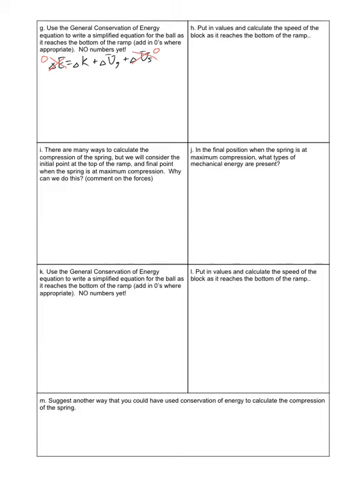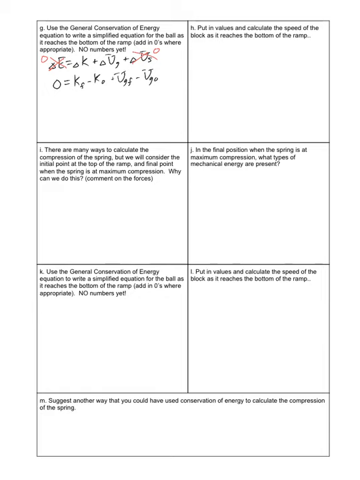Remember, we talked about that in an earlier section. And so now we can rewrite it as 0 equals kinetic final minus kinetic initial, plus gravitational potential final minus gravitational potential energy initial.